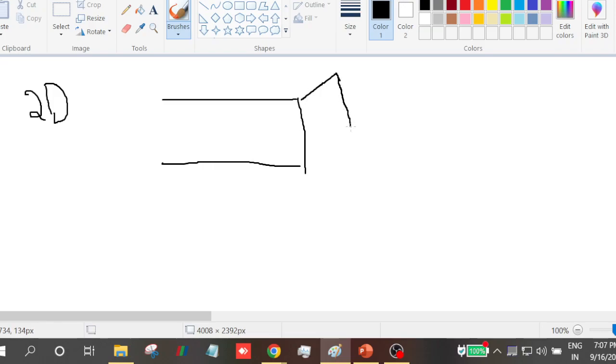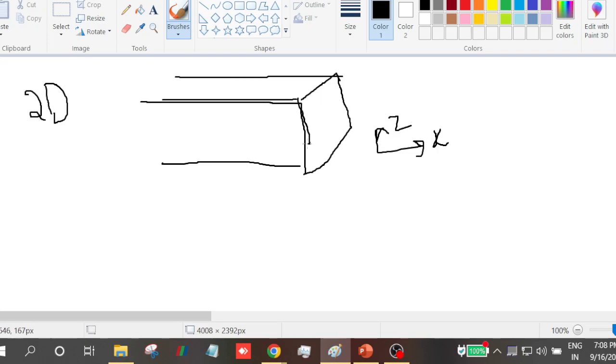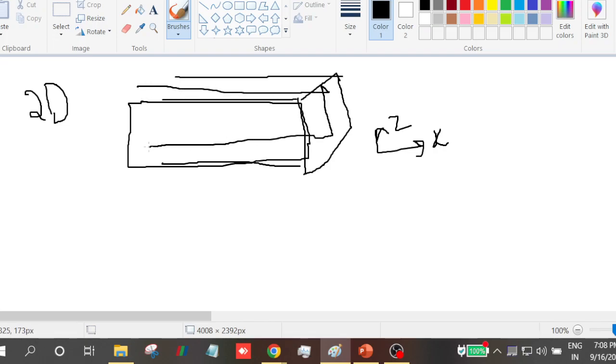In this particular example, if you divide this whole domain into different xz planes, for example, if this is x and this is z, you will see that the flow remains the same.